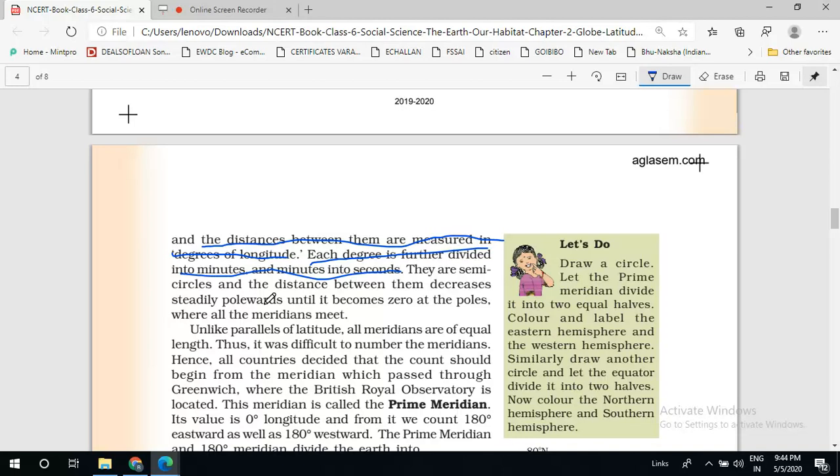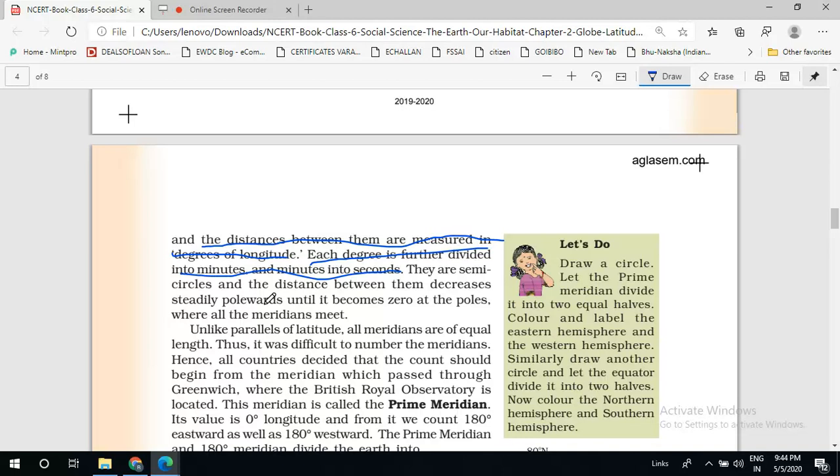So it was difficult to number the meridians. We cannot number the meridians in the context of latitudes. We have told there are four important latitudes, but in longitudes we cannot say like that.